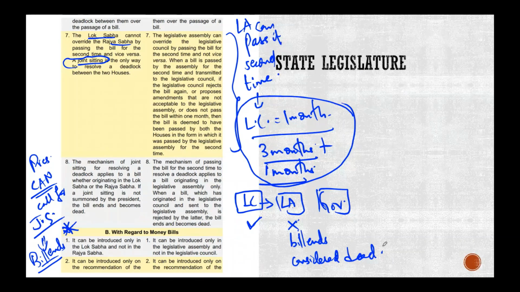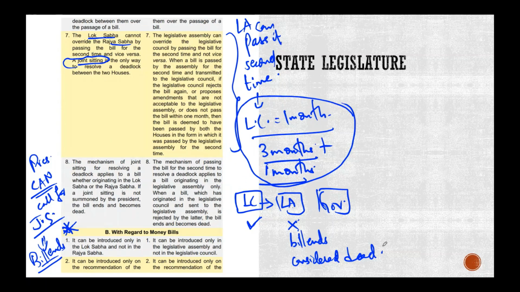Now, again, if you compare it with other countries, you will notice in Britain, for instance, the upper house, the House of Lords, unlike our Rajya Sabha, doesn't even have the power to obstruct the House of Commons. If there is a money bill, or even an ordinary bill that is passed by the House of Commons, the House of Lords, the most they can do is delay it by a certain amount of time.